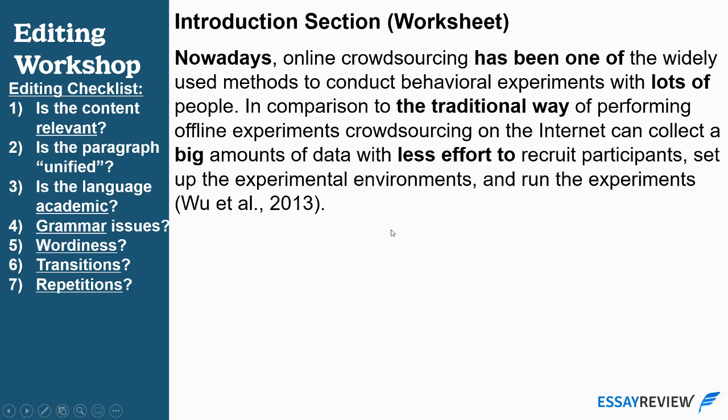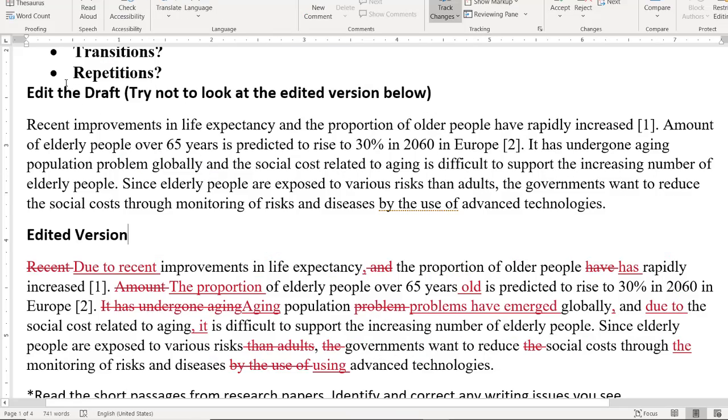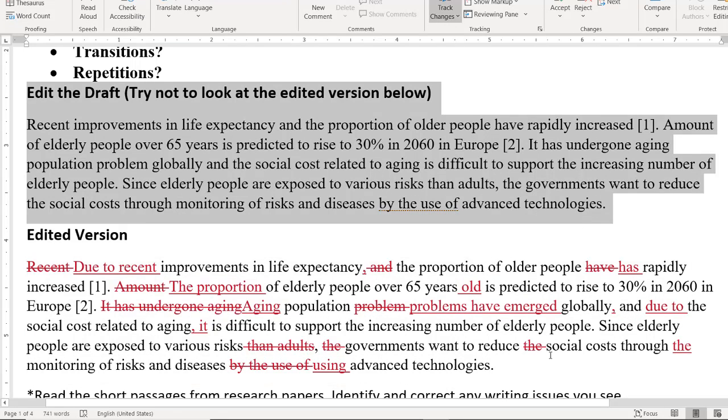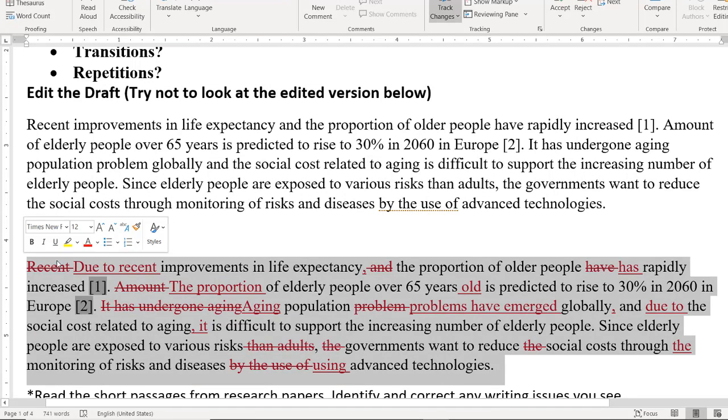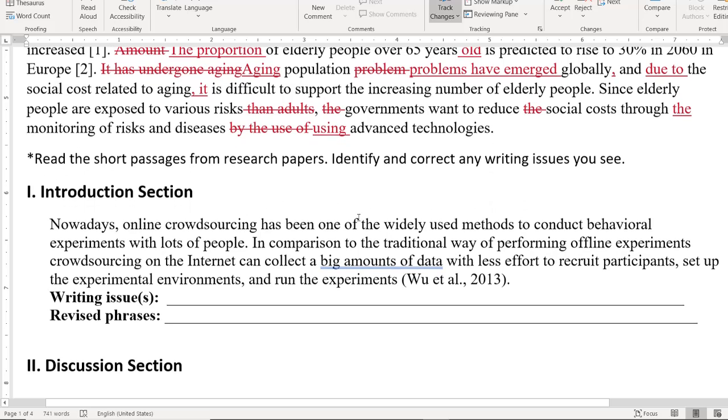And I want to move to this one, which I believe is the first paragraph. I don't have the worksheet in front of me, but as you can see, I gave you this first section. This is the original version, and then this is my edit of this. So I just want to show you what you can do to edit this work.